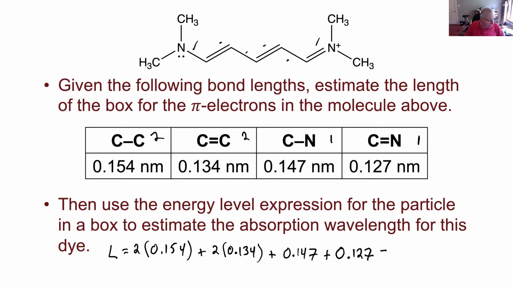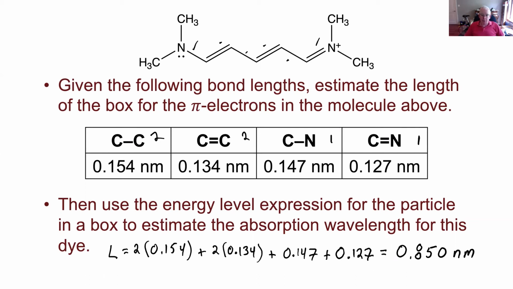And if I add all those numbers up, I have notes nearby that say I should get 0.850, and that's in nanometers. So that's going to be the length of my box in this case, all right?